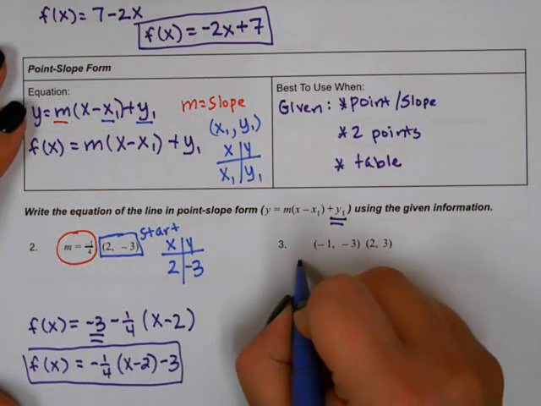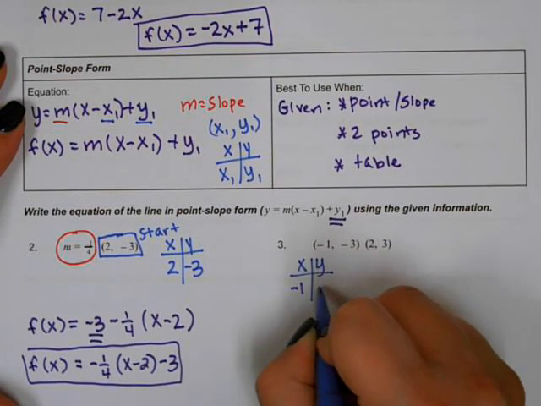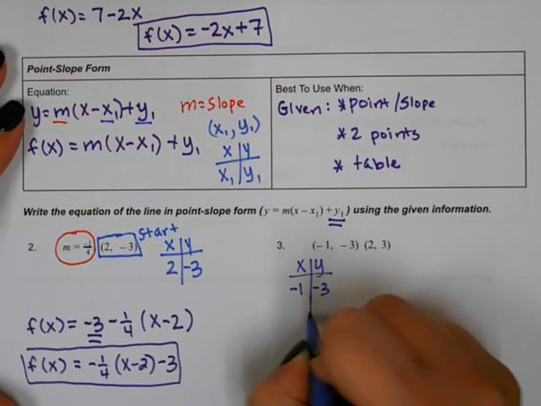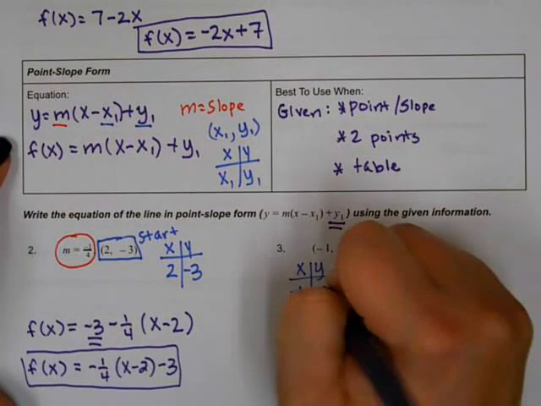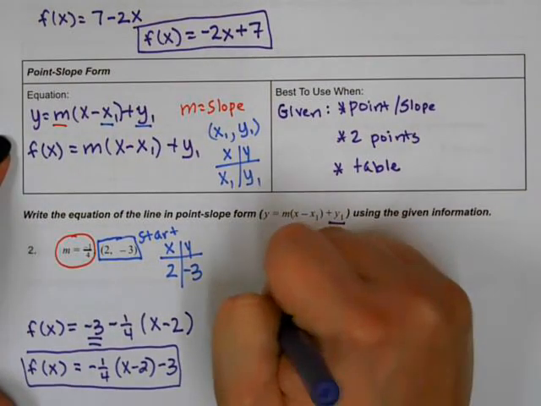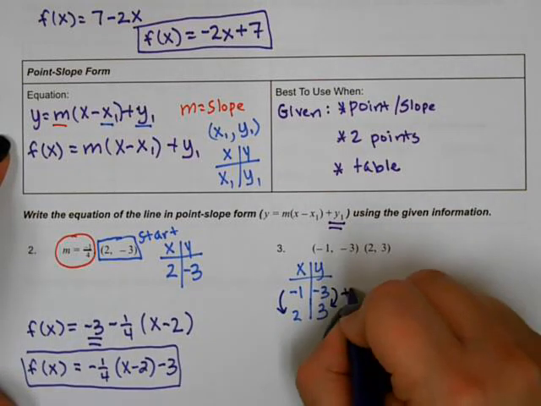So we need to find the slope, which means we're going to make a table, and I've got the point negative 1, negative 3, and I've got the point 2, 3. And we're going to find the slope using change in y over change in x. So to go from negative 3 to positive 3 is plus 6.